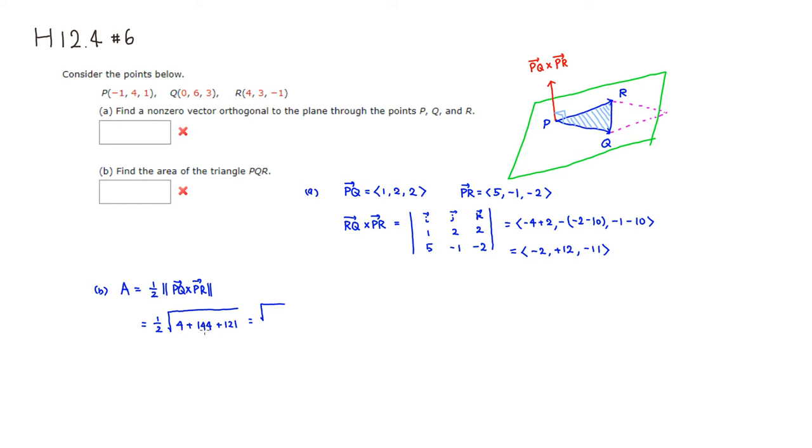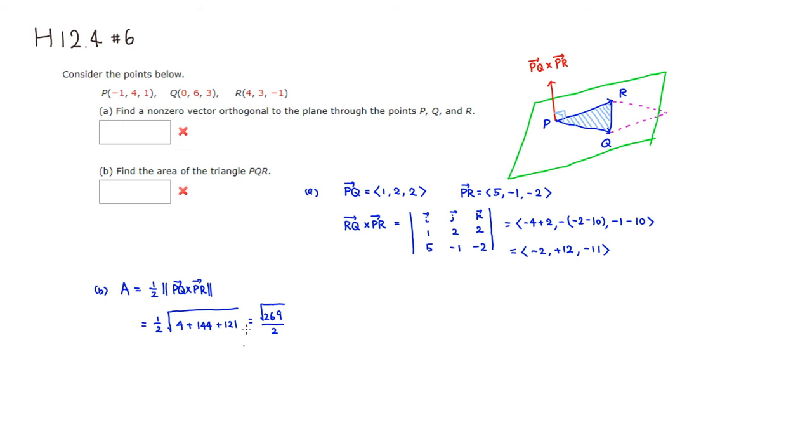So 4 plus 144 is 148, and 148 plus 121 is 269. Over 2. I'm not sure this can be simplified.